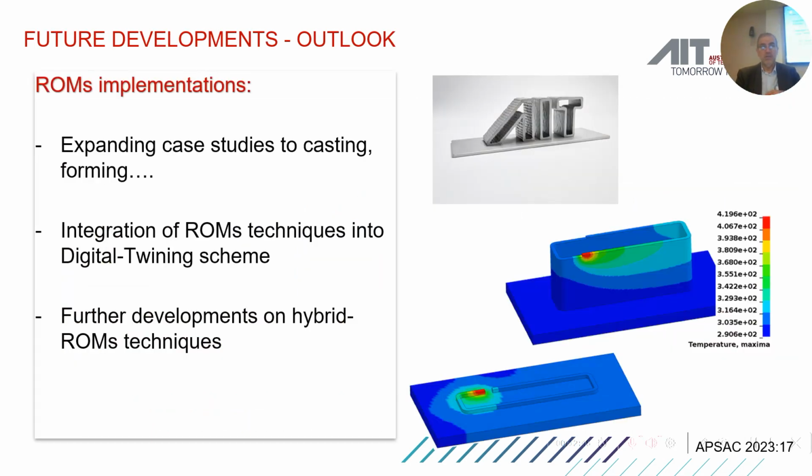What we are trying to do as future work is, obviously, working on casting. So we're generating these reduced models for casting, which is a difficult one because casting is a bit more difficult process. Then we are integrating these reduced models into digital twinning, as we are in a digitalization era. These are really fast models which we can implement into the digital twin.